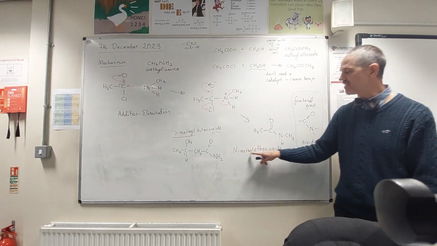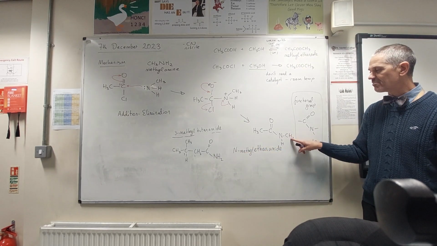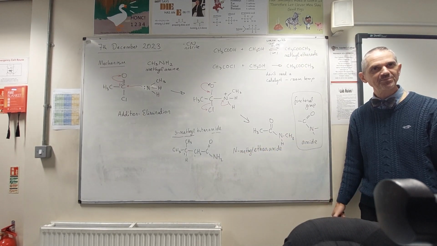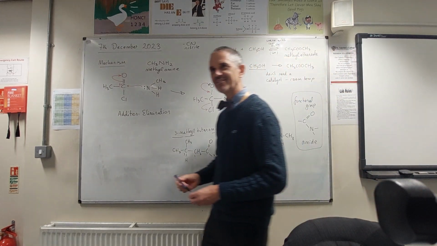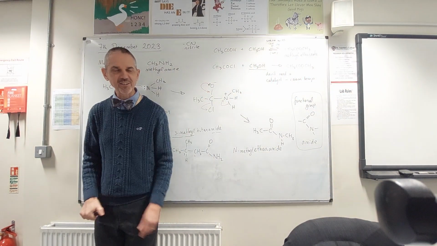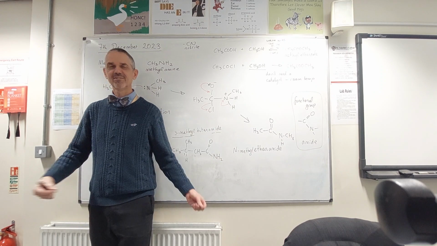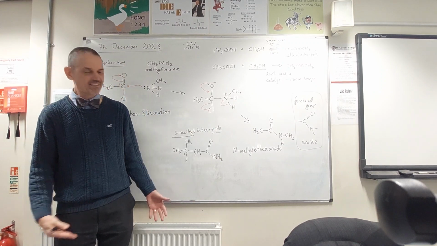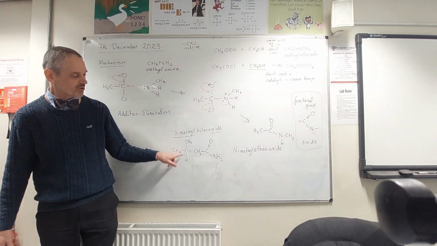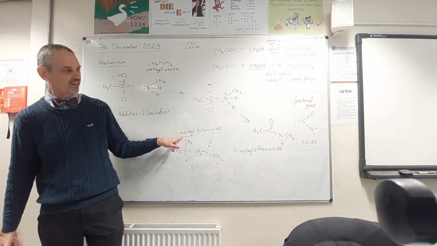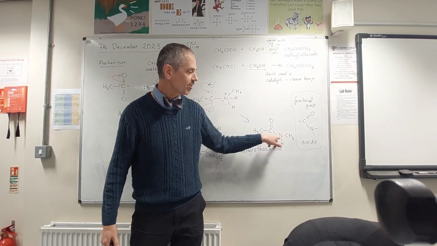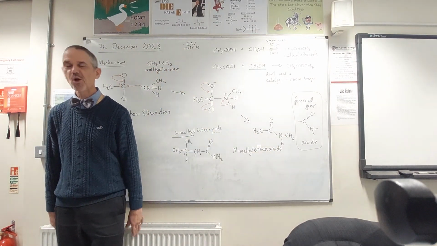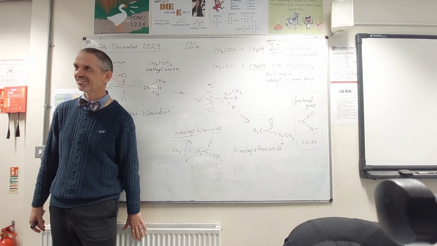It's N-methyl ethanamide because the methyl group is on the N. It's tricky, I realise, but it does make perfect sense. Here, the methyl group is on carbon 3, so it's 3-methyl. Here, the methyl group is on the N, so it's N-methyl. What could be more logical than that?